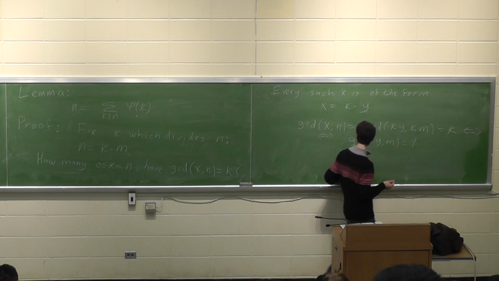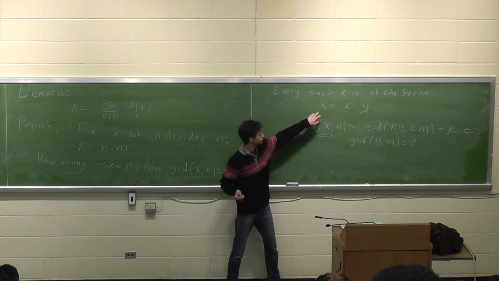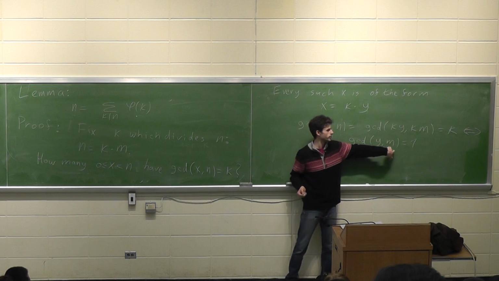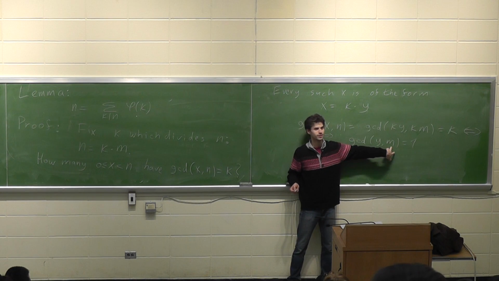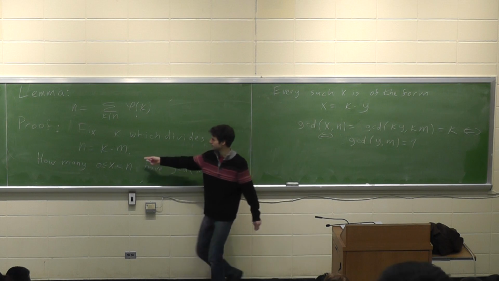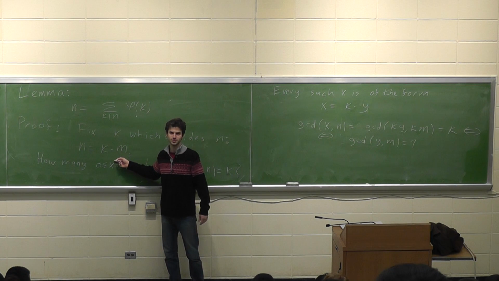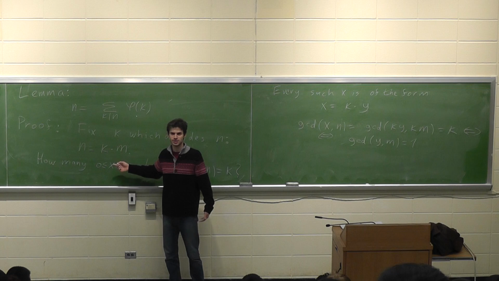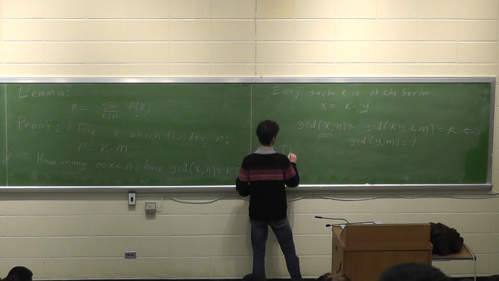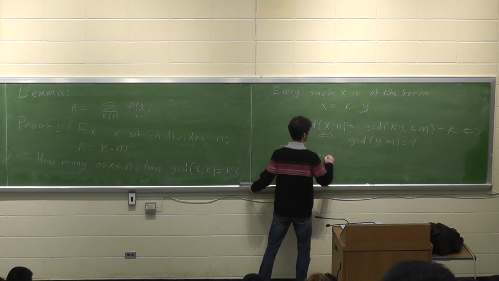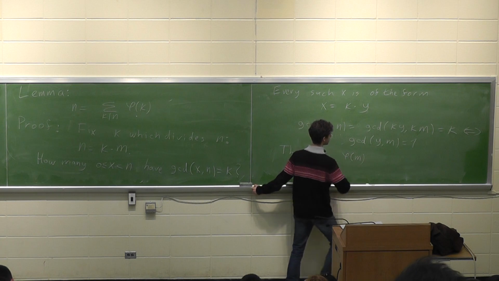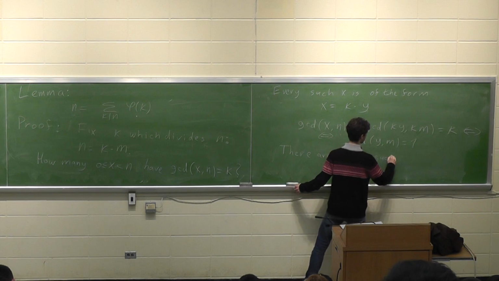So how many numbers are there of this form with y relatively prime to m, where y should be smaller than m? There are exactly φ(m) such numbers.